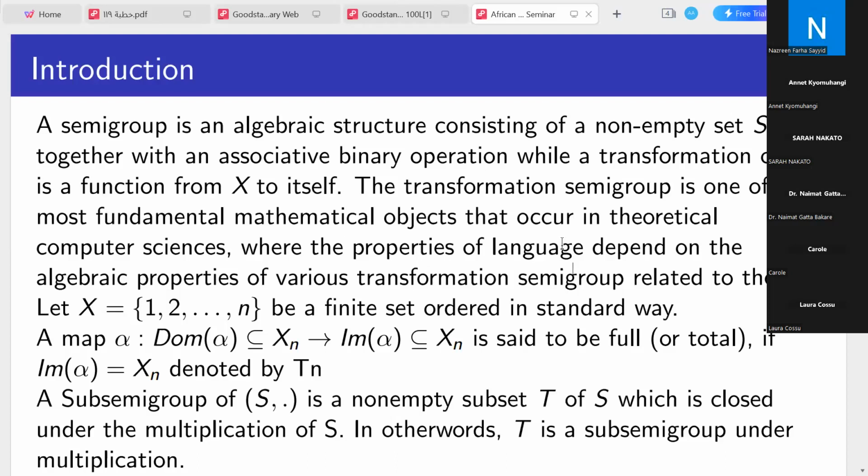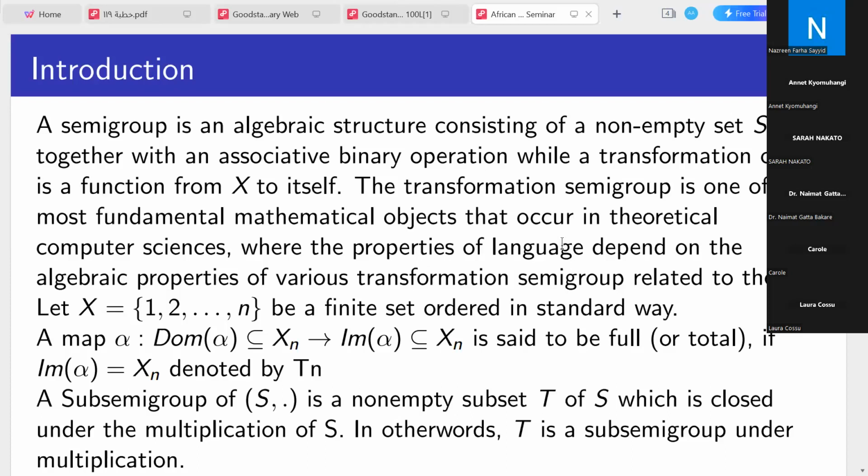Now, to talk about the transformation. A transformation is just a mapping of a function to itself. Whenever you are mapping a function to itself, you are already performing a transformation. So after talking about the semigroup, we now want to talk about the transformation semigroup.